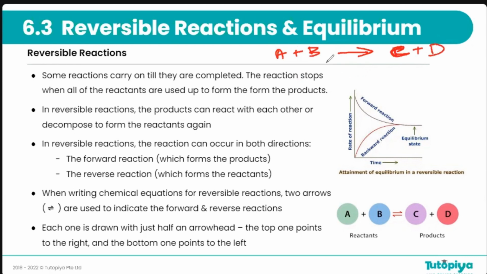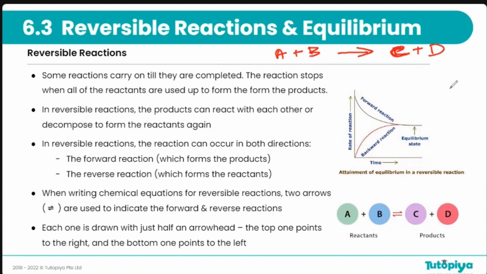In this case, when the reactants are completely done reacting, the formation of products will also stop. Hence, the reaction will come to a stop. We call it the completion of a reaction.